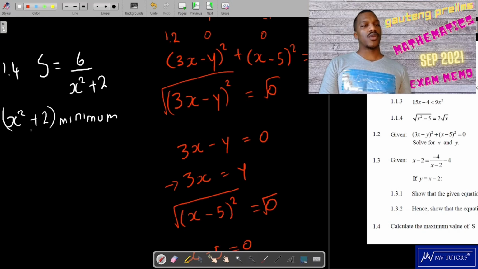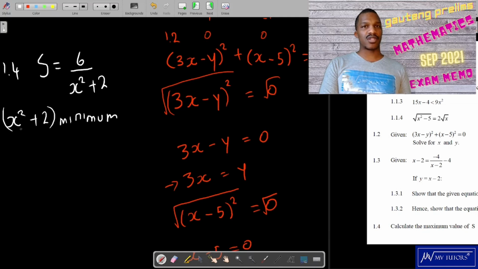Minimum. So it must be a minimum because it's something you're dividing by. It must be the least value possible. So what's the minimum value of x squared plus 2? Remember, any number squared, whether negative or positive, is going to give you a positive number. So it doesn't matter what number you put here.